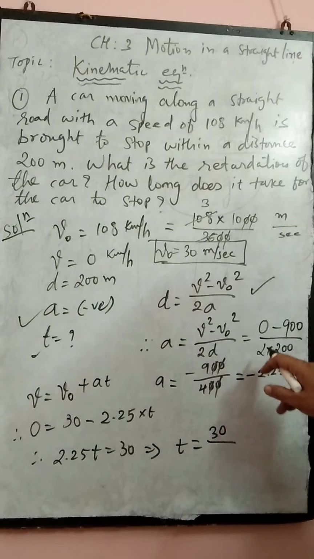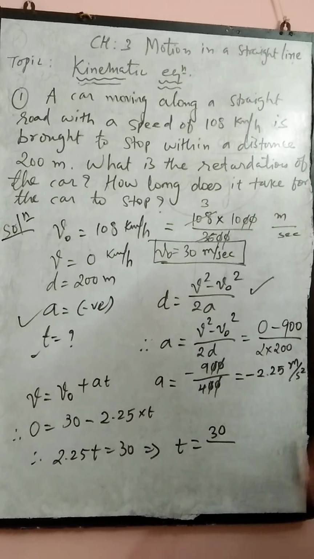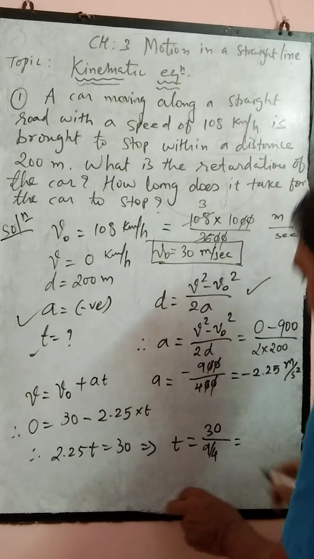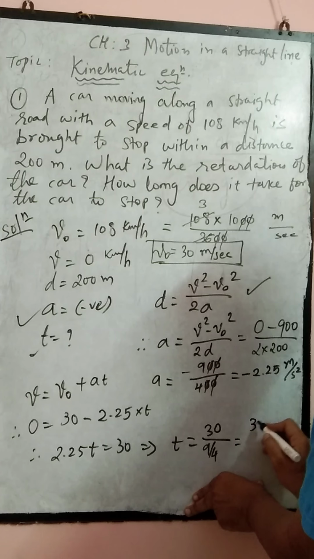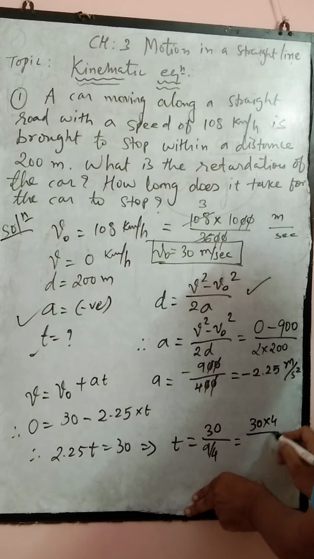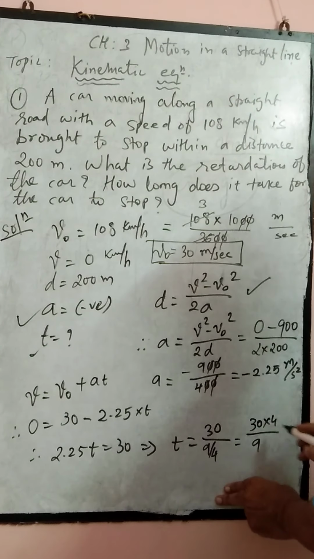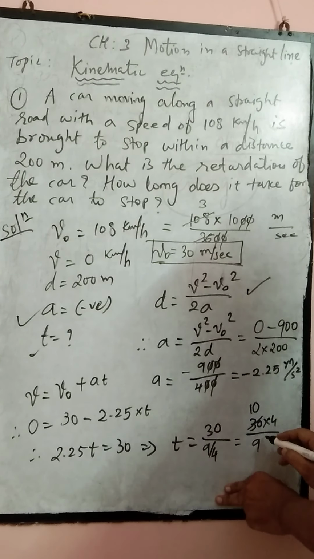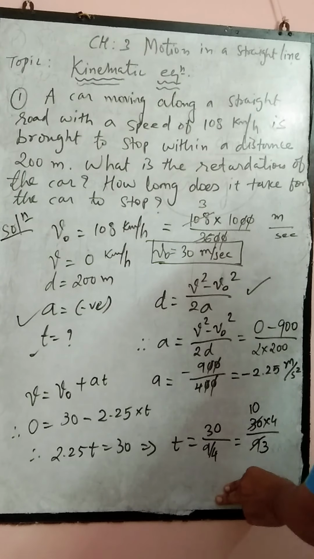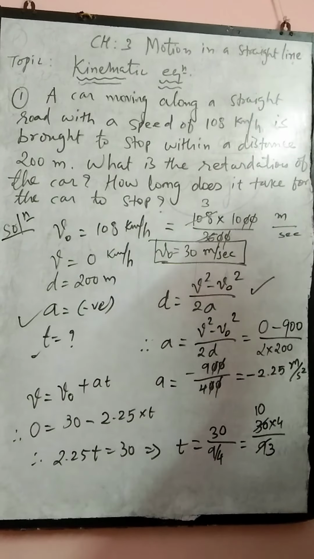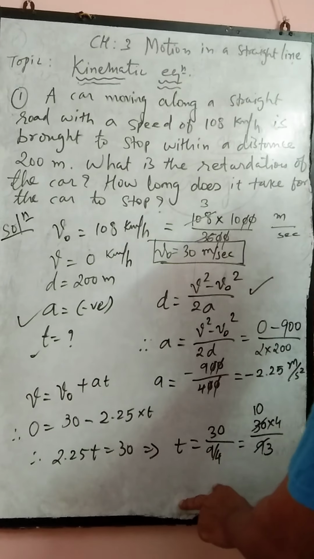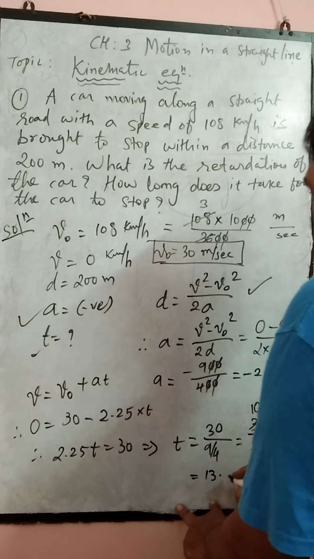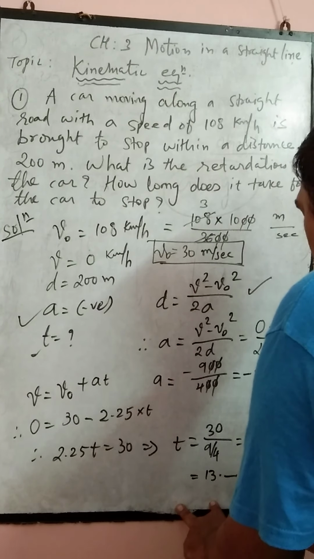But 2.25, where are we getting it? Here, 9 divided by 4. So 9 divided by 4, right? That means it will be equal to 30 into 4 divided by 9. Now 10 into 3, 30, 3 3s are 9, 40 by 3, right? So 40 by 3, that means something like 13 point something we will get in seconds.